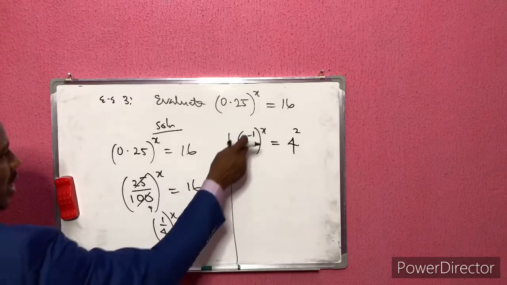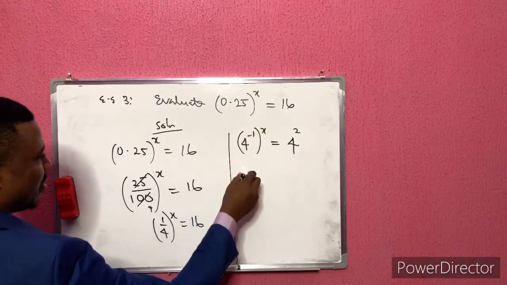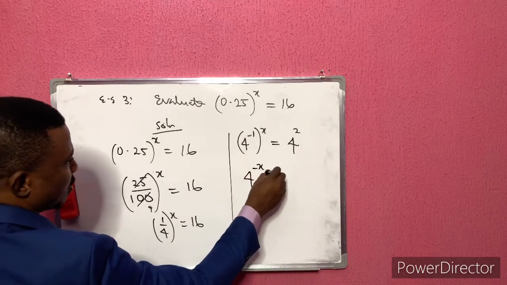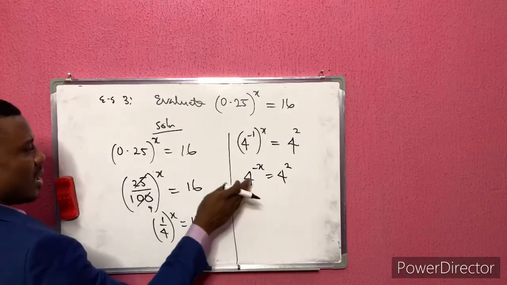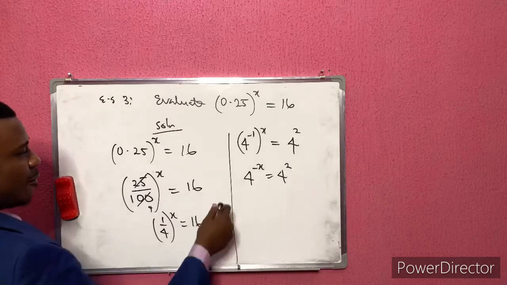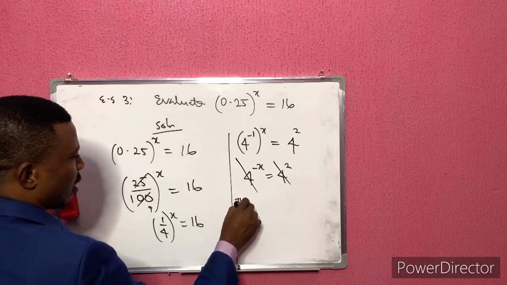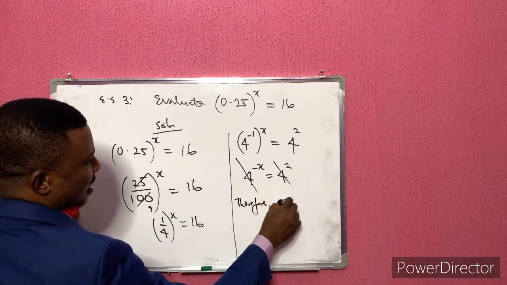Remember our law in indices: when you have two powers, multiply them. You have 4 power minus x equals 4 power 2. Since we have the same base on opposite sides, equality of base, we cancel them. Therefore minus x is equal to 2.